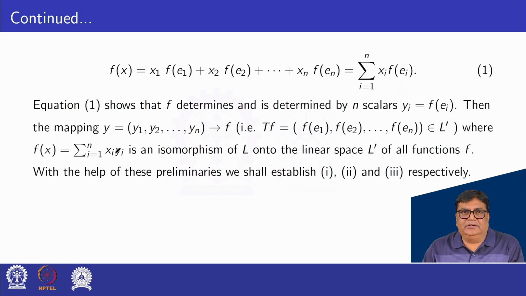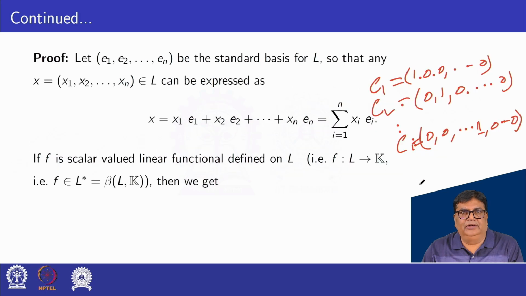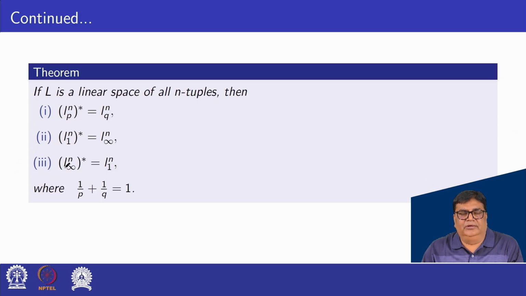This is an isomorphism of L onto the linear space L dash of all functions f. With the help of these preliminaries, we shall establish the first, second and third statements respectively.